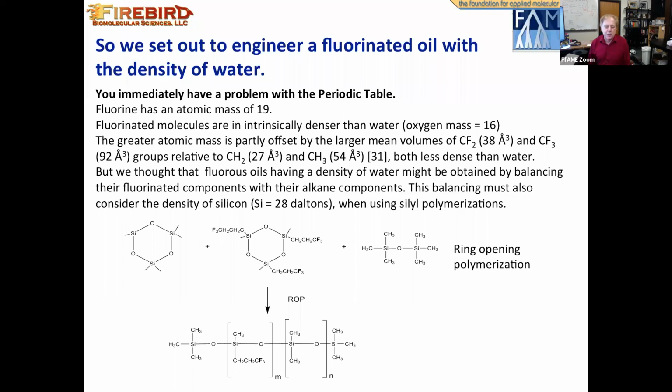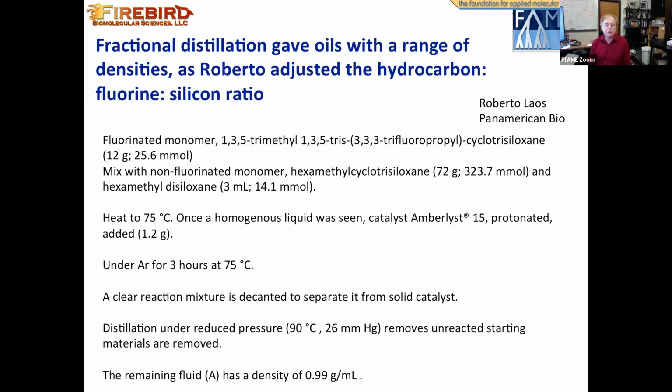And of course, you see the silicon on the left has only hydrocarbons, the silicon on the right has fluorinated species. So we're adjusting the fluorinated hydrocarbon ratio by changing the ratio of those. But when you're done, you get the fluorinated monomer, 12 grams, 25.6 millimoles, and the non-fluorinated monomer, 72 grams, and the hexamethyl disiloxane, which is the terminator species.